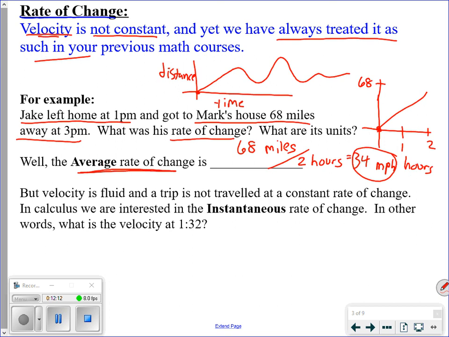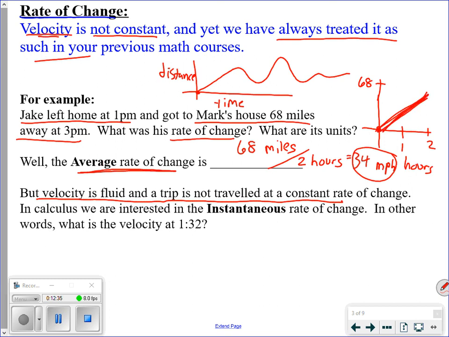That's the rate at which I'm changing over time. But again, that's an average rate of change. It's not exact. Velocity is fluid, and a trip is not traveled at a constant rate. That's just not idealistic, and not reasonable.